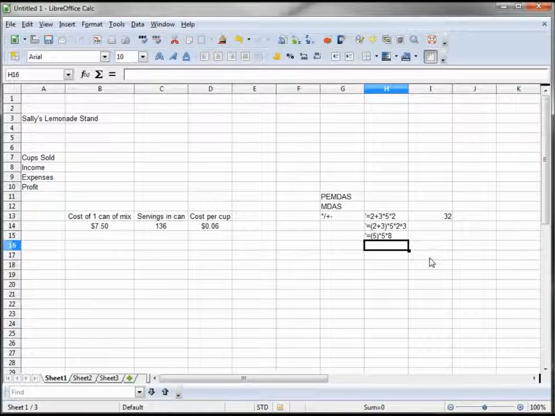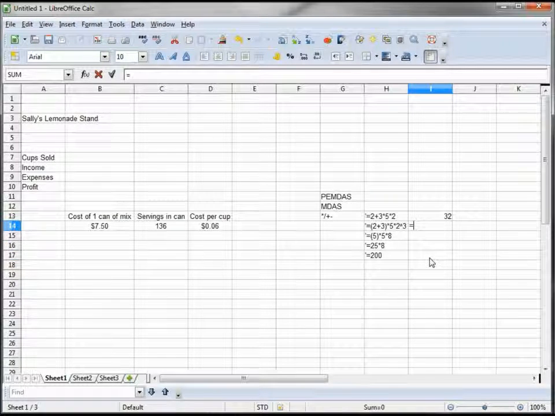And then we can say equals 5 times 5 is 25 times 8, or it equals 200. So when I say equals 2 plus 3 times 5 times 2 to the power of 3, we should see 200, and we do. So that's how the math works here.